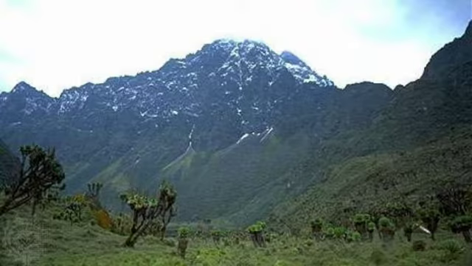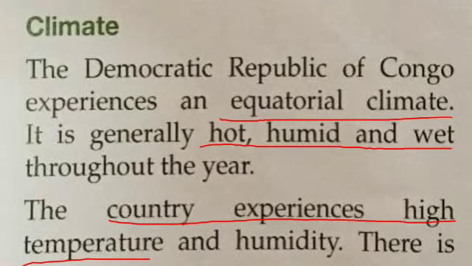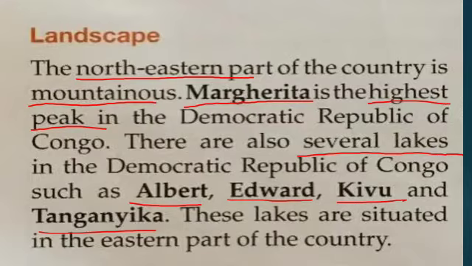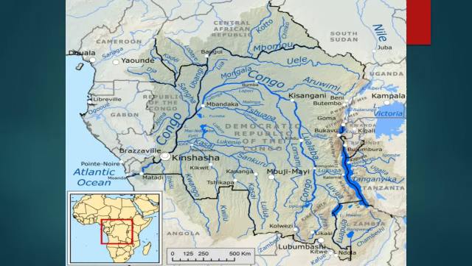There are also several lakes in Democratic Republic of Congo, such as Albert, Edward, Kivu, and Tanganyika. All these are important lakes of DRC.